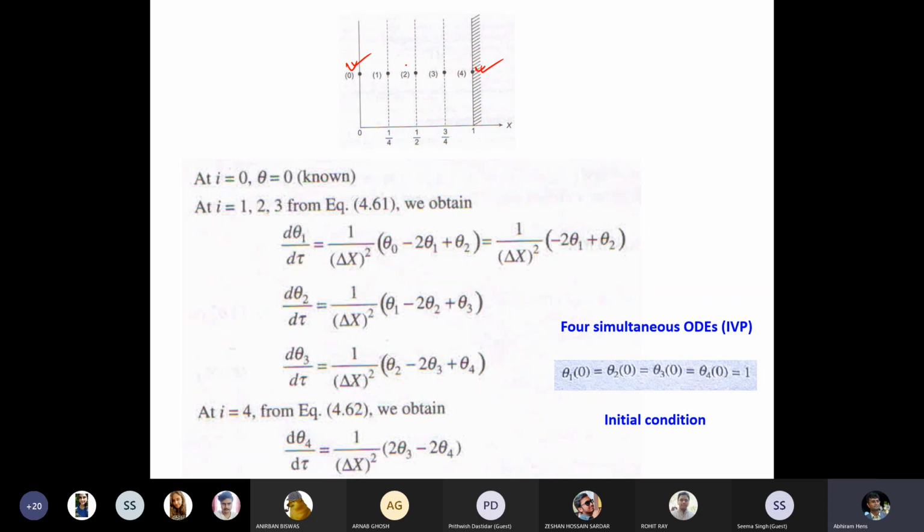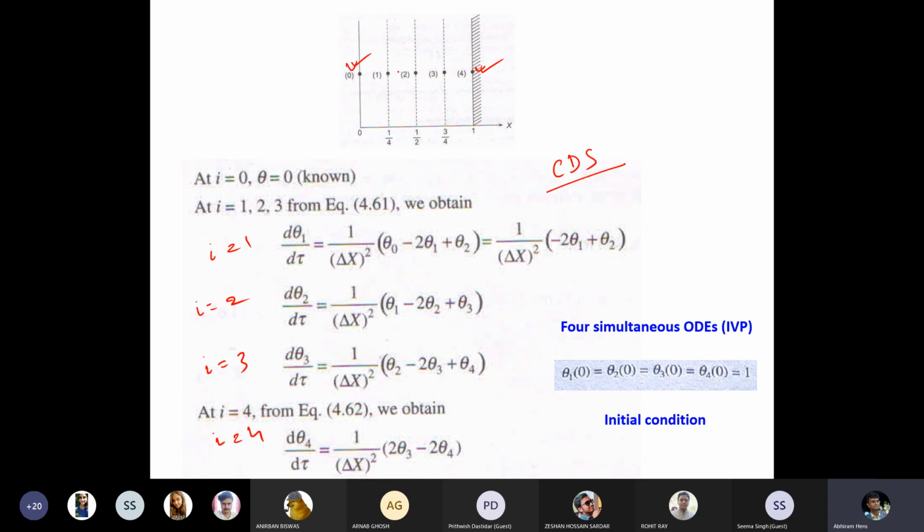Now for all these other points, these 1, 2, 3 points, we can write d theta 1 by d t equal to simply 1 by delta x square theta 0 and so on. So this is using the central difference scheme. If we adopt the CDS scheme, then for I equal to 1 and I equal to 2 points you will get this one, for I equal to 3 point you will get this one, and for I equal to 4, that we have just written in the last slide, we will get this equation.